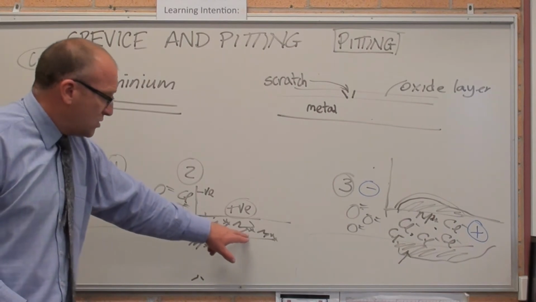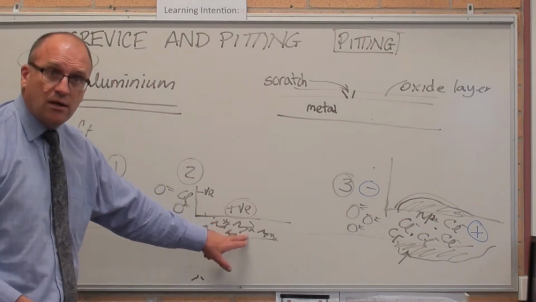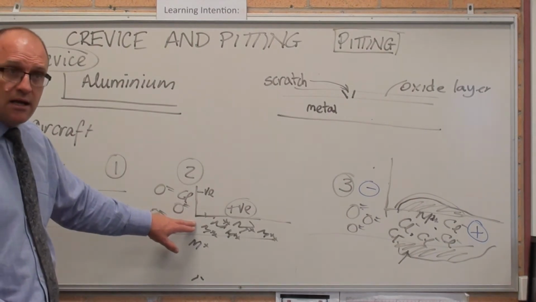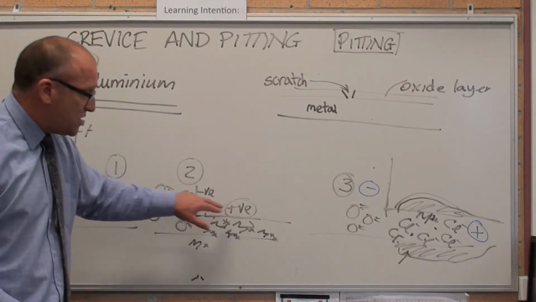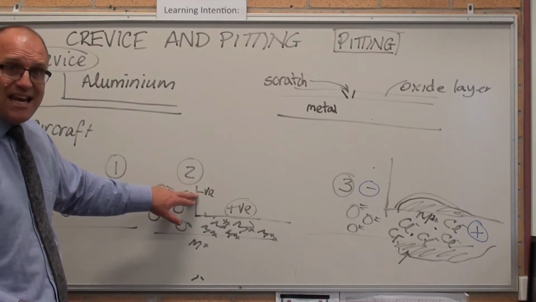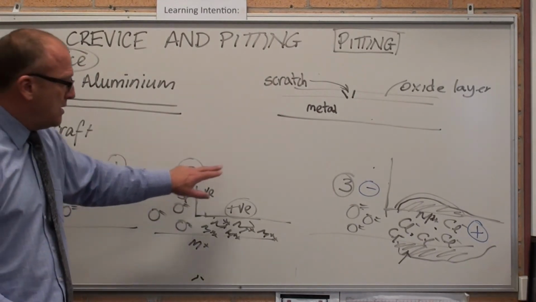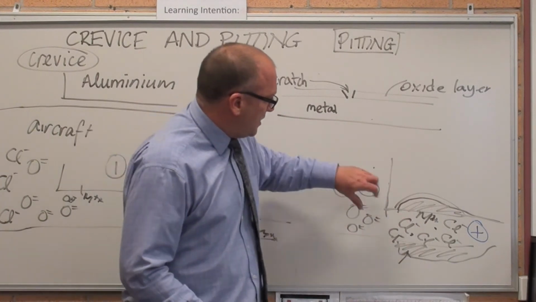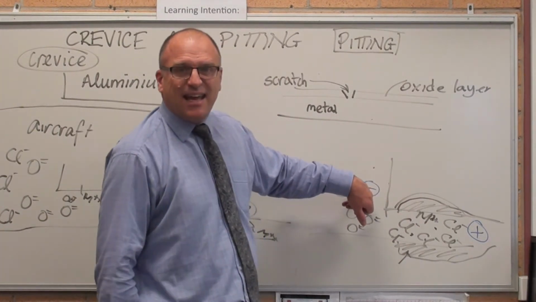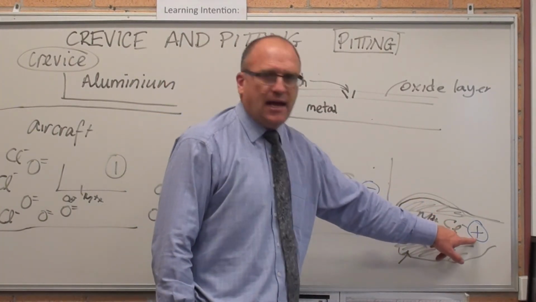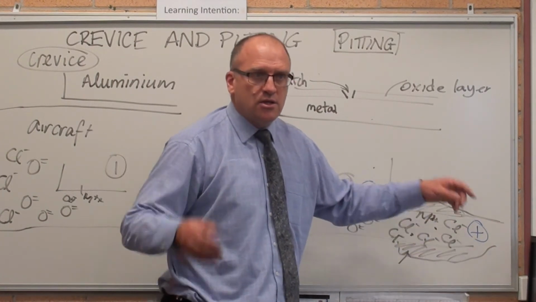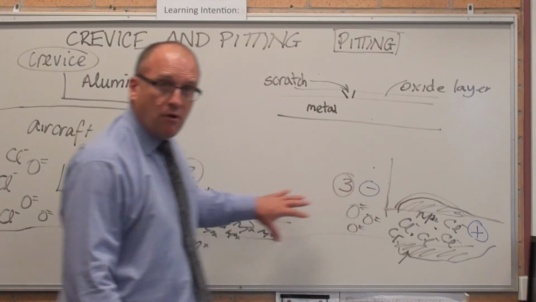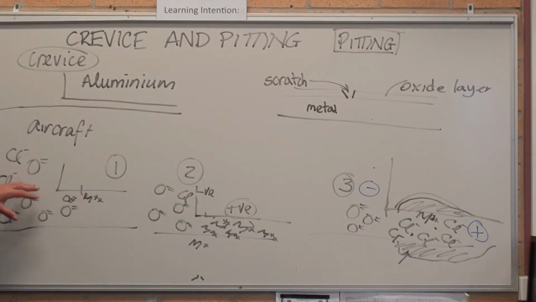So I end up with a whole stack of positive metal ions dissolving and moving to the interface back out here. So I end up with a positive and a negative end that then tends to accelerate. So I end up with cathodes don't corrode, anodes corrode. It just corrodes from the inside out. That's crevice corrosion. Could be the skin of an aircraft.